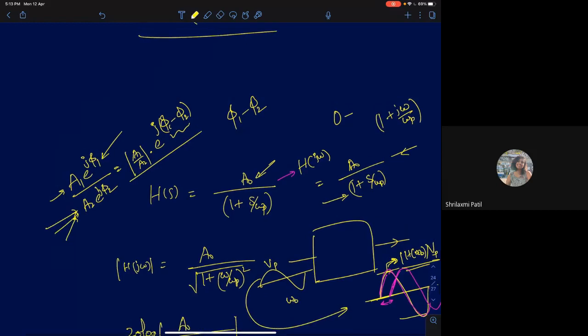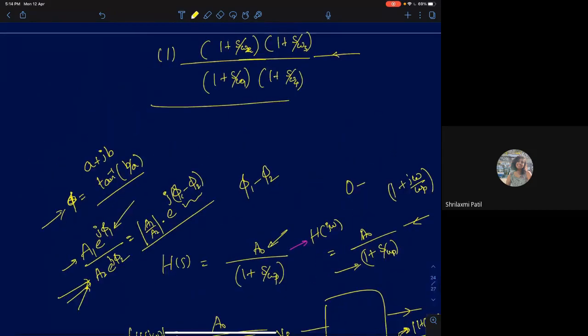If you have a complex number of this type, a plus jb, and I want to represent it in a polar form, the phase is given by tan inverse of b by a. So this is a complex number, this is a here and this is b. This is the polar representation of a plus jb.